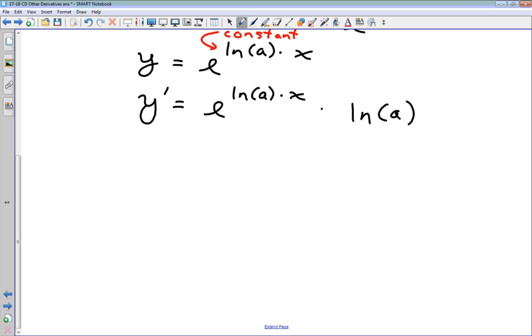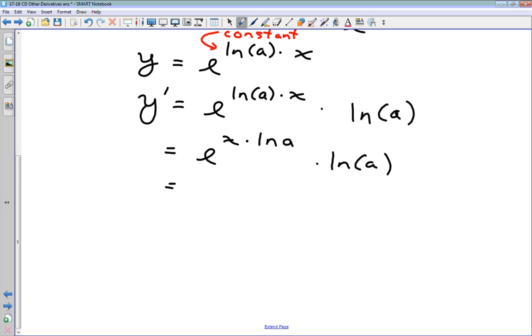Now I can sort of undo the stuff that I did before to my exponent here. So I can take my e to the ln a times x, and I can rewrite it as e to the x times ln a, times ln a.